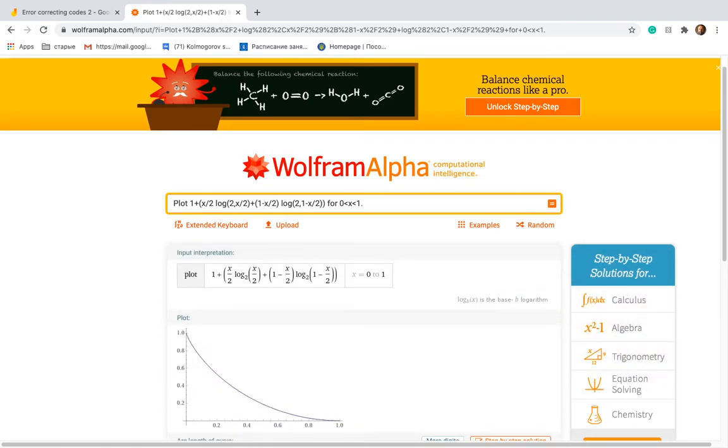And again, this area indicates the area where there is no code.